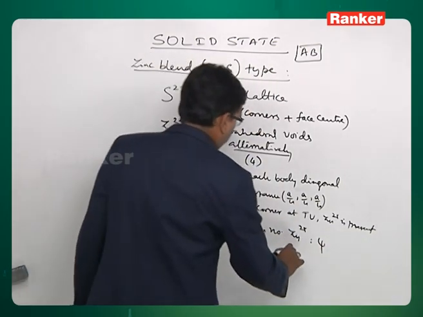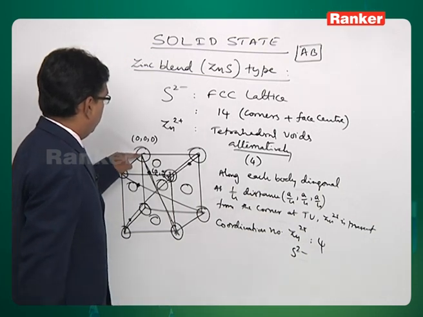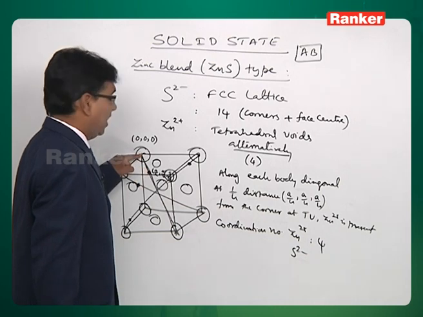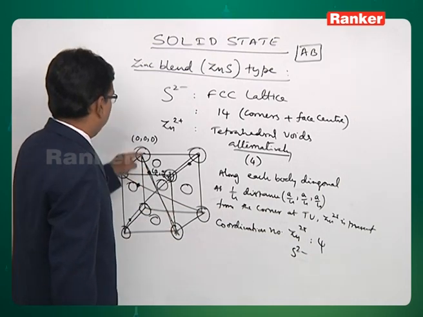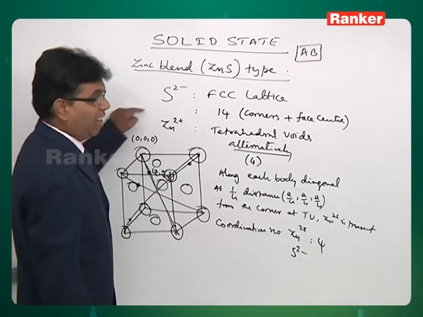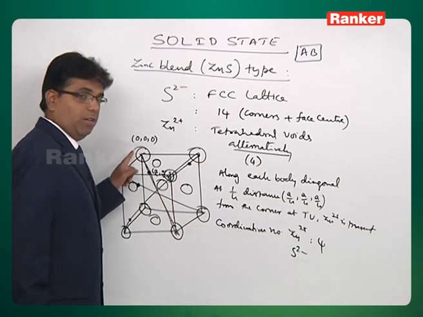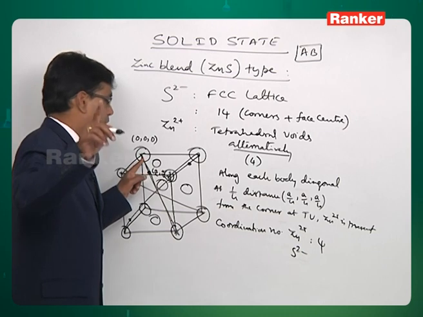And for the sulfide ion, as you can see, this is a sulfide ion. Now, from this corner you can draw 8 cubes, and in each cube you will have one body diagonal.